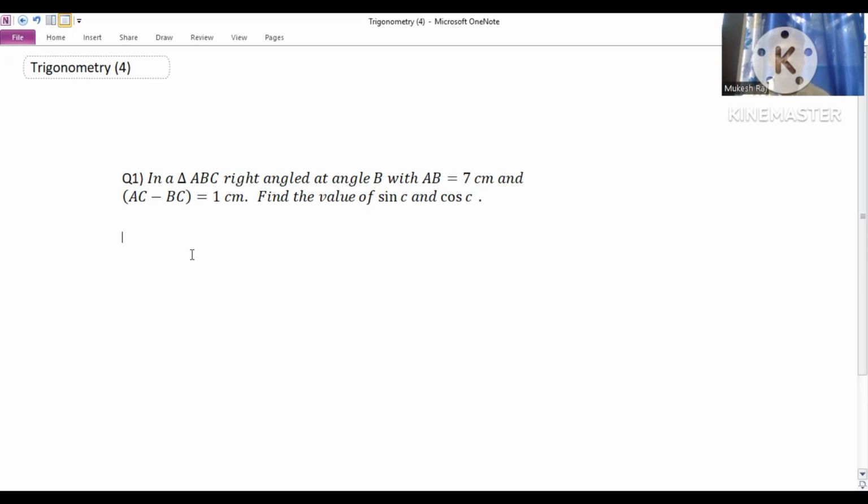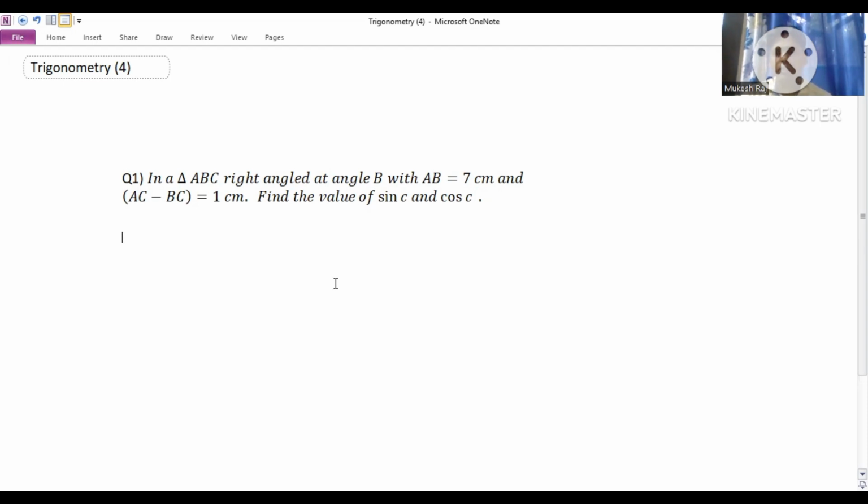And so continuing. Friends, as you can see there on the screen, there is a question where the question says that there is a triangle. Obviously, it will be a right angle triangle because we are dealing with trigonometry. So no trigonometric ratios or none of the trigonometric values could be applied on any non-right angle triangle.